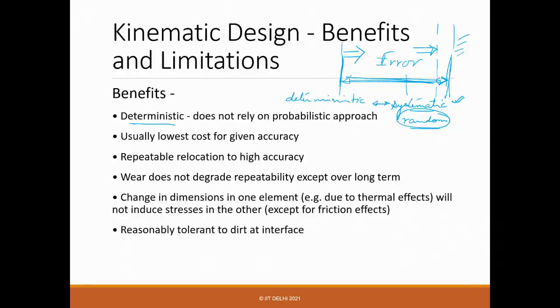Even if the error is this much, and suppose this part is the systematic error, that's still acceptable, and this is the random. So you skew it to this level. So even if in the beginning you find that the error is so big, you may not have to panic if it's a systematic or deterministic design.